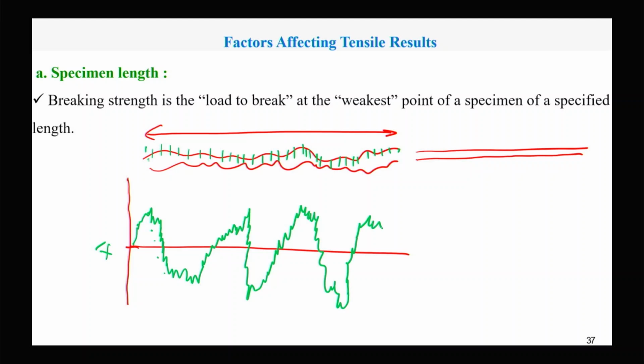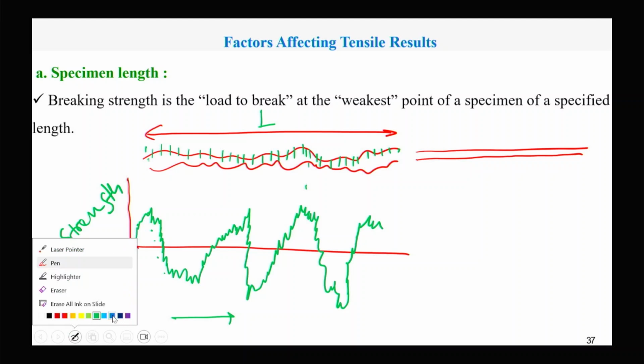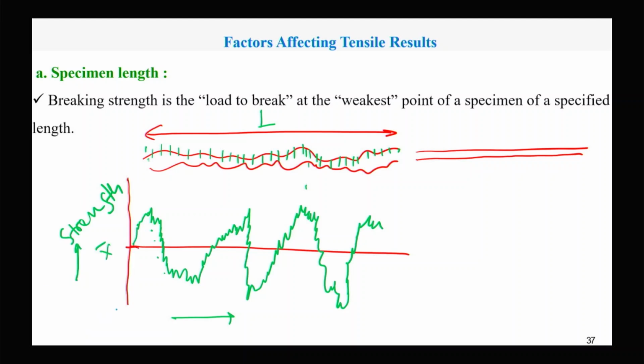This is the strength, and this is along the length. Along the length at different points we are trying to get the strength. The total length of the yarn is L.